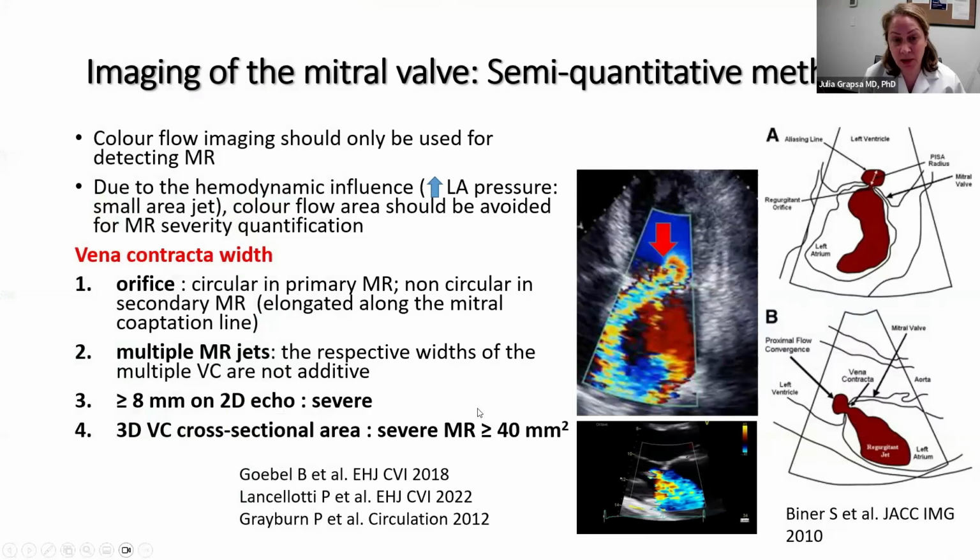Remember that the 3D vena contracta area needs to be more than 40 millimeters squared, and it depends a lot whether the regurgitation is primary or secondary, for example, when we have functional mitral regurgitation. But we need to take into consideration that the orifice, while it's circular in primary mitral regurgitation, is non-circular, and many times elongated across the mitral coaptation line in secondary mitral regurgitation.